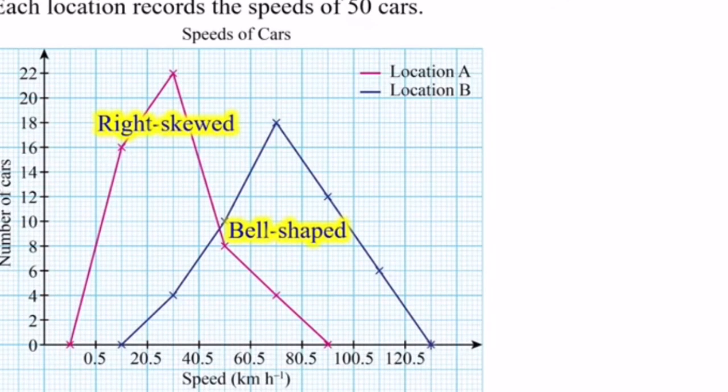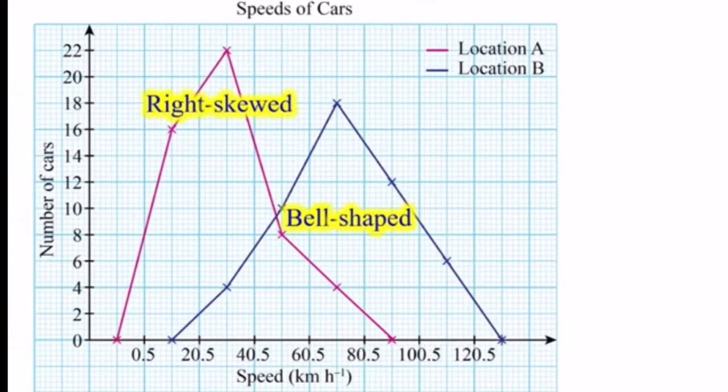Then finally, we want to write a statement to support our answer. Okay, the general statement. Now let's see how to write the justification for these two graphs. Alright, so the justification is based on the dispersion of location A and location B, and also based on the shape, right skew and bell shape.